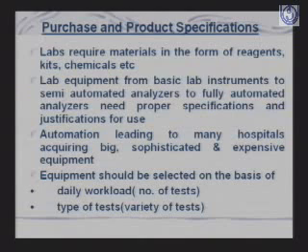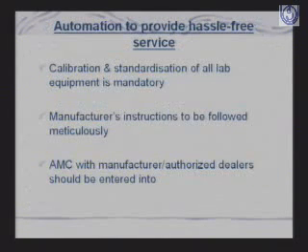Then purchase and product specifications. These are the requirements for our chemicals and other things. Maybe we need not go into the details of it, because these are all given in your modules. Automation provides hassle-free services, but it sounds very easy, and you need to maintain them. Particularly, calibration and standardization of all lab equipment is mandatory.